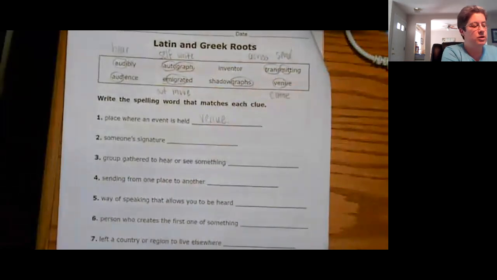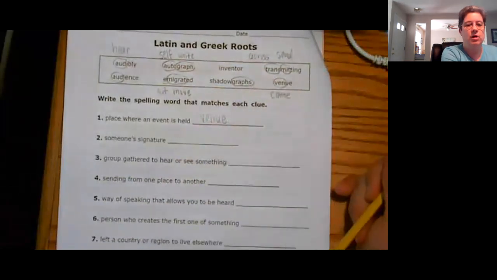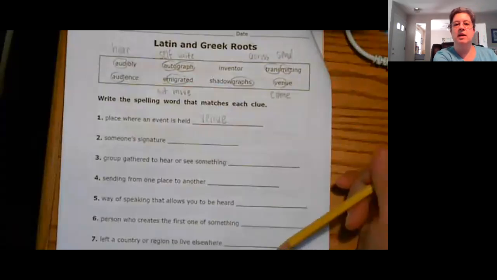Now, I'm going to be having you find the rest of the clues on your own. As always, you can skip a section and do it, skip a sentence and do it later. That way you can cross out the words you've used and know which ones are left.